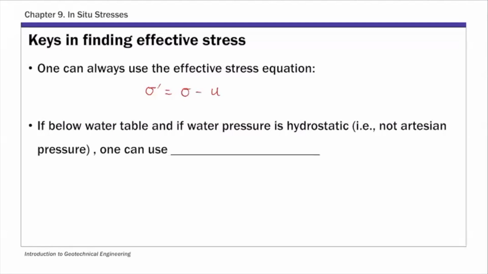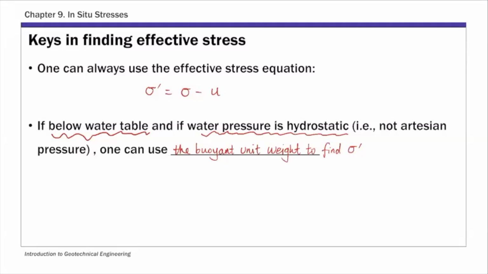And then the second point here is the buoyant unit weight I mentioned earlier. If your soil is below the water table, and also if the water pressure is hydrostatic, meaning it's not under the artesian condition, if both conditions are met, then you can use the buoyant unit weight to find effective stress.